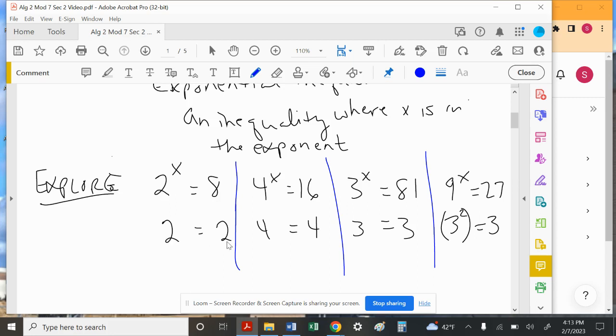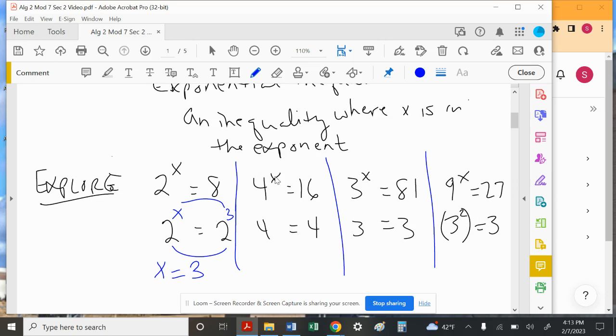Notice I just rewrote them. So 2 to the x, if I want to rewrite it with a 2 as the base, just stays 2 to the x. 8, however, is written as 2 to the third power. So once we get them into the same base, then I can equate the powers. But the bases have to be the same for me to do this, so x equals 3.